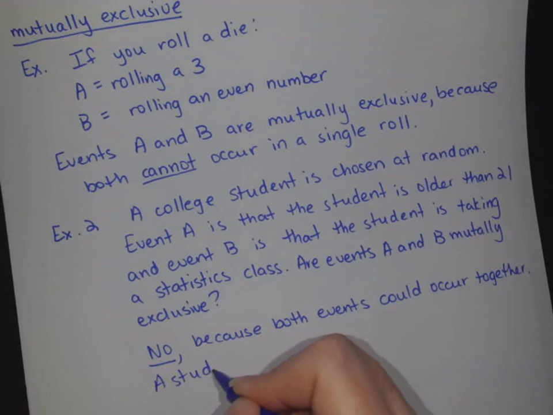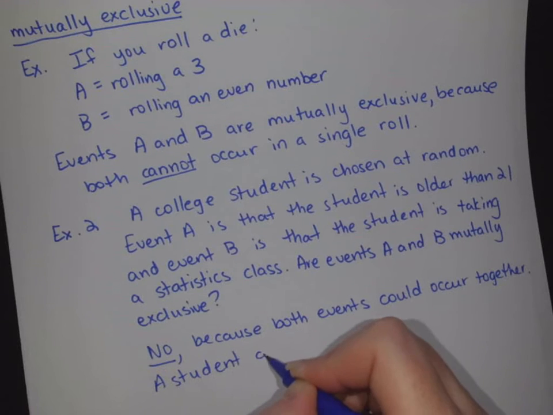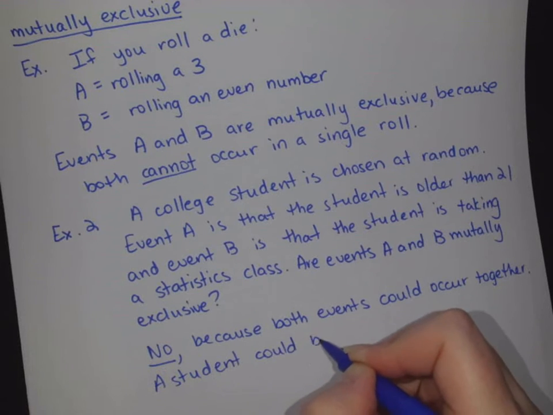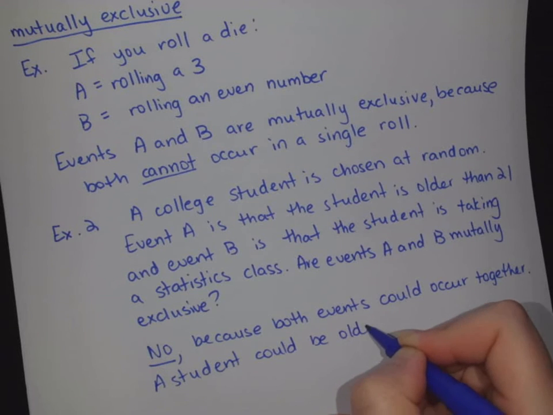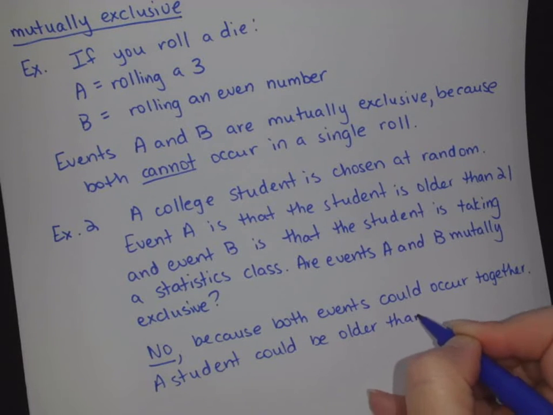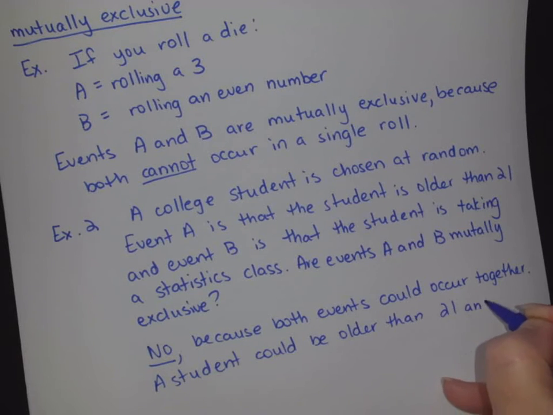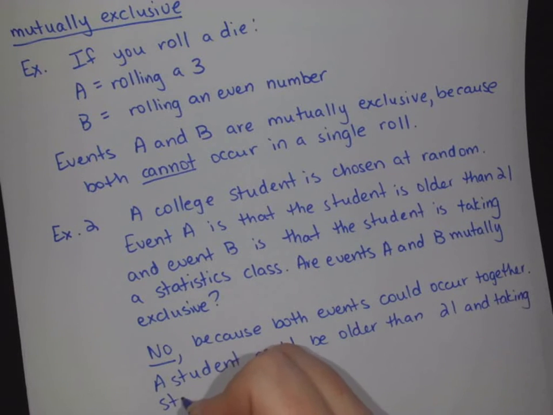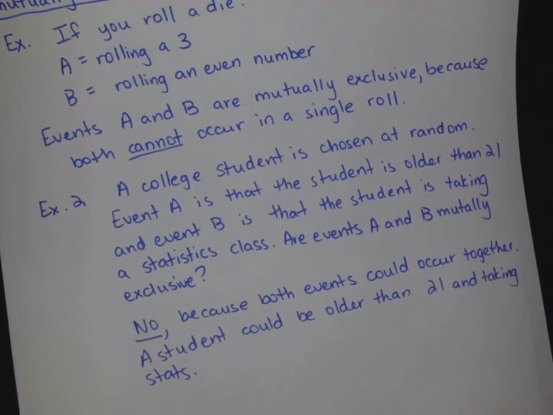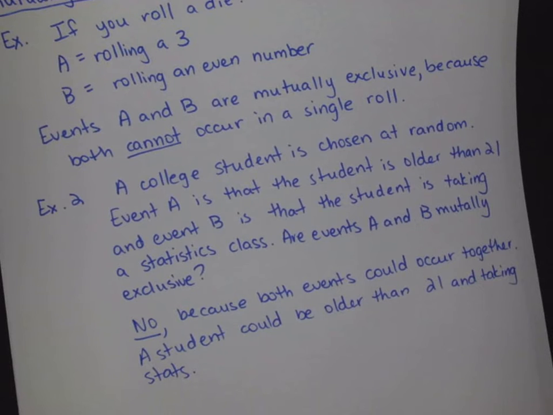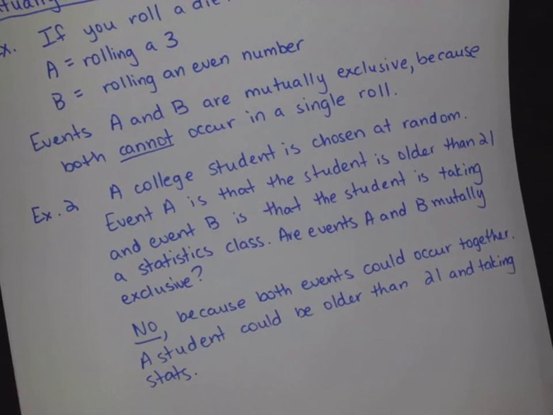A student could be older than 21 and taking statistics. It means they can occur together.